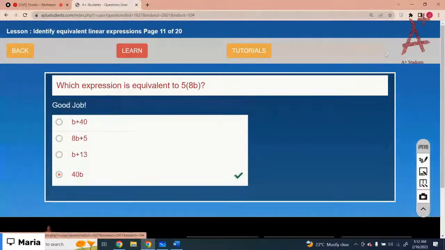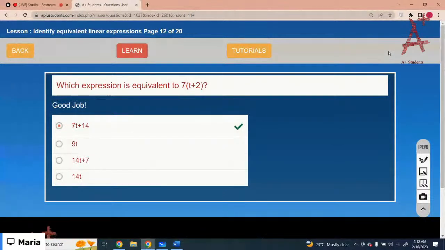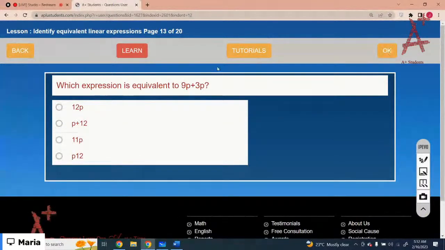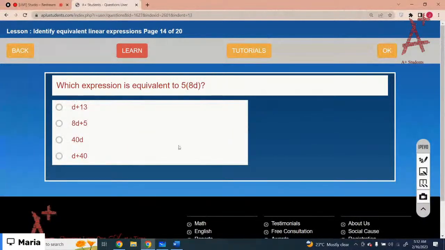Let me just complete. 5 times 8 is 40b. Okay, 7 times t is 7t plus 14 is the correct option. 9 plus 3 is 12p. Okay, 5 times 8 is 40d.